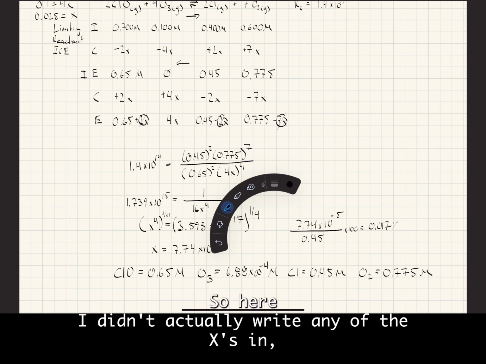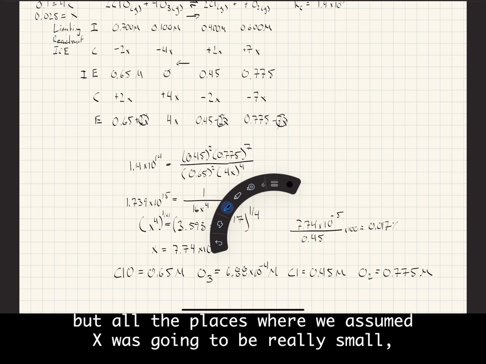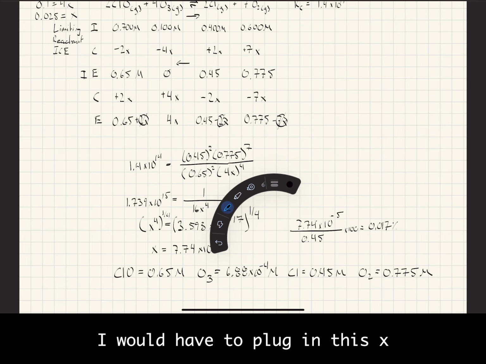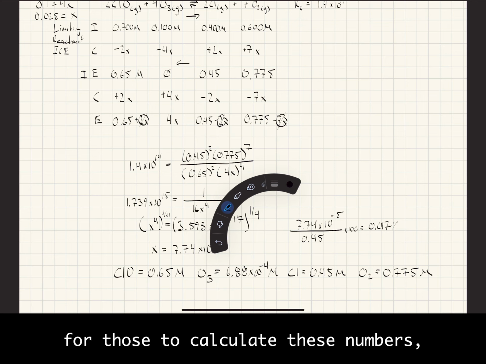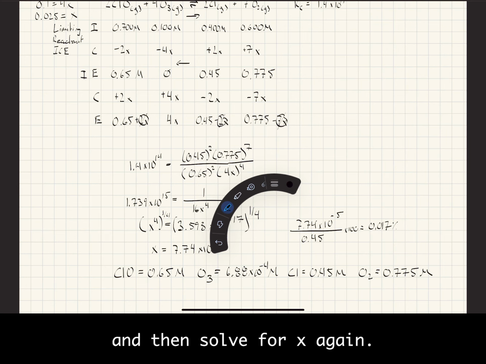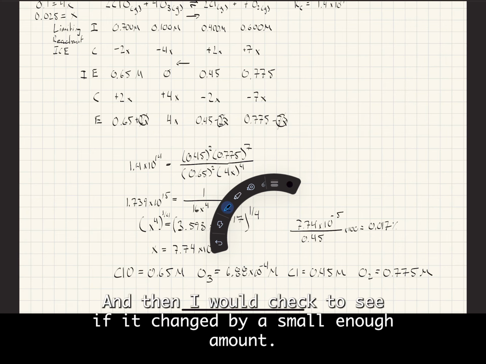So here I didn't actually write any of the x's in, but all the places where we assumed x was going to be really small, I would have to plug in this x for those to calculate these numbers and then solve for x again. And then I would check to see if it changed by a small enough amount.